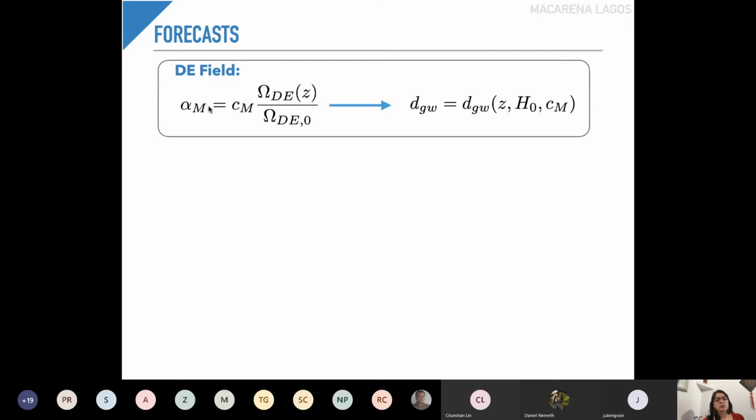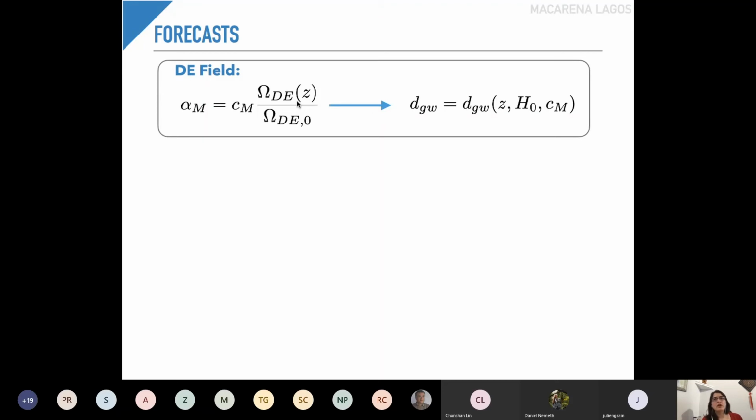We're going to assume for simplicity that alpha m is equal to Cm, where Cm is an actual constant parameter. It is the one that we are going to try to constrain, times a given time evolution that in this case will be proportional to the fractional energy density of dark energy. So whenever dark energy is relevant at the background level, then alpha m will be relatively large.